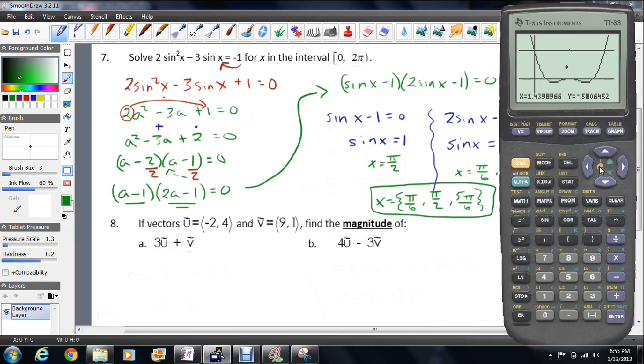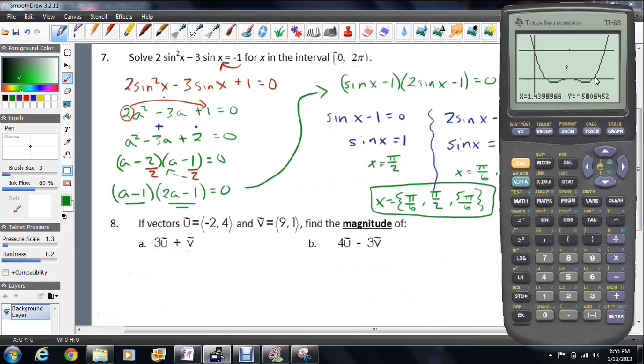Now we can get our intersections pretty quickly, and you're going to notice that these are all going to be exactly the same, but they're going to be in decimal form. So another thing I want to point out before we even do that is that we had 3 answers, and we have 3 intersections right here, 1, 2, 3.